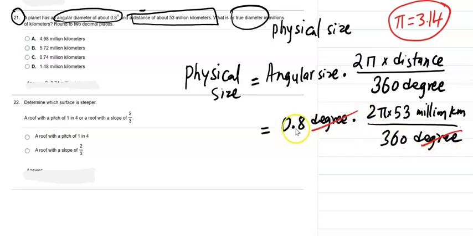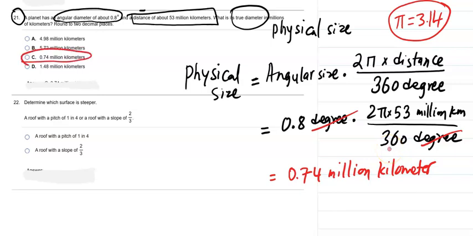Multiply 0.8, 2 pi and 53 and divide by 360, and you get the answer, which is 0.74 million kilometer. The answer must be in million kilometer, so the answer must be C.